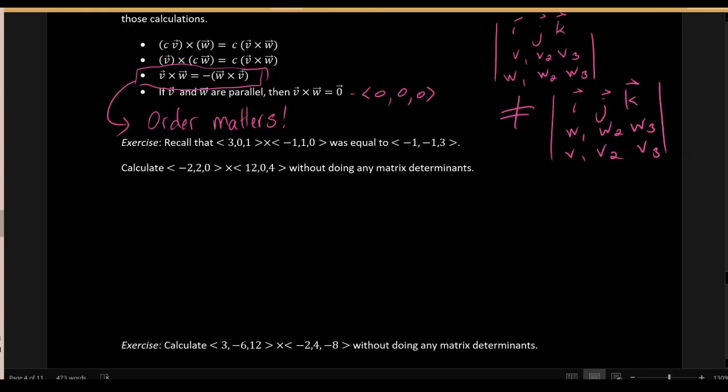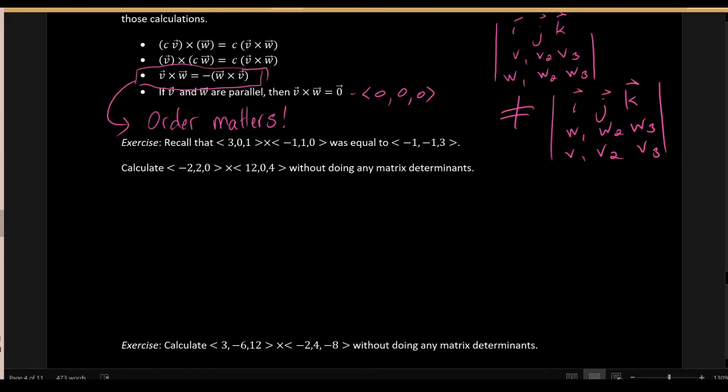Now, a few pages back, we calculated the cross product of 3, 0, 1 with -1, 1, 0, and we found that the result was equal to the vector -1, 1, 3. So someone says, using that information, can we recycle some of that information and calculate the cross product of -2, 2, 0 with 12, 0, 4 without having to do any more of this pesky stuff with matrix determinants?